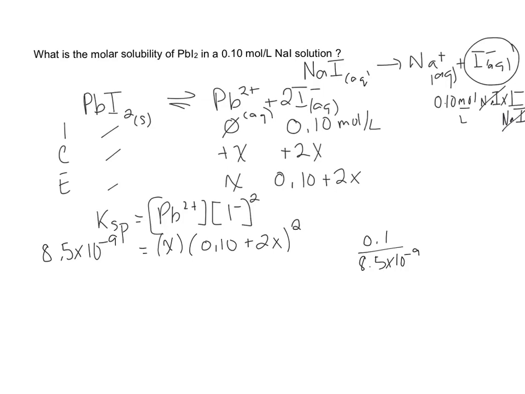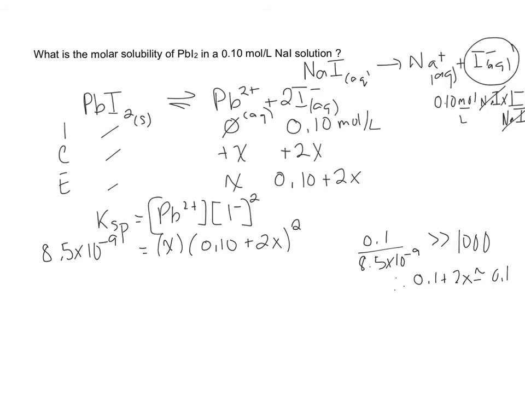Then we can make our assumption that 0.1 plus 2x is approximately the same thing as 0.1. So if this is much greater than 1,000, we can make that assumption. And guess what? It is. So therefore, 0.1 plus 2x is 0.1.